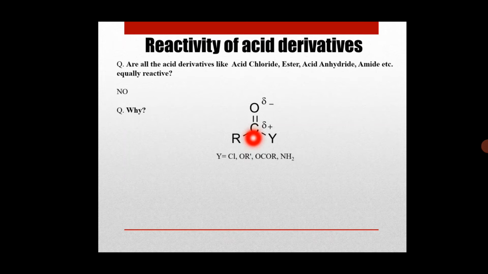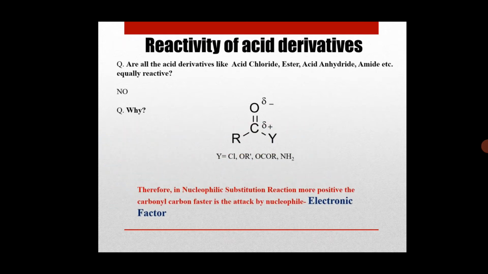So the more positive the carbon is, the better is the reaction. Therefore, in nucleophilic substitution reaction, the more positive the carbonyl carbon, faster is the attack by nucleophile. And this is called electronic factor.